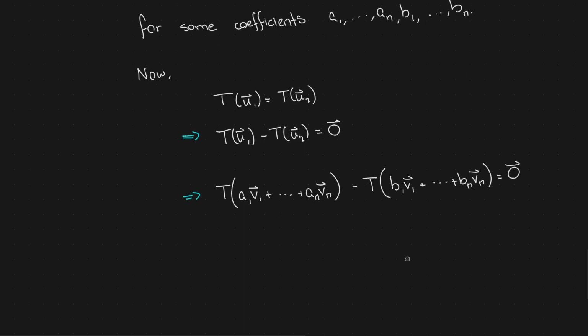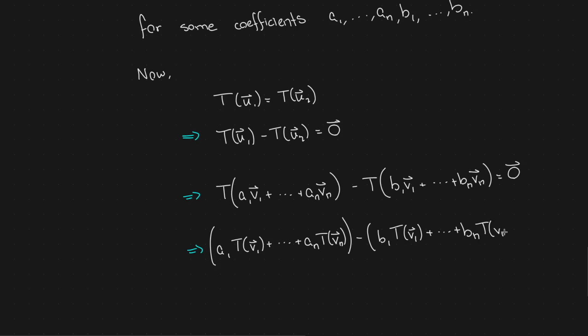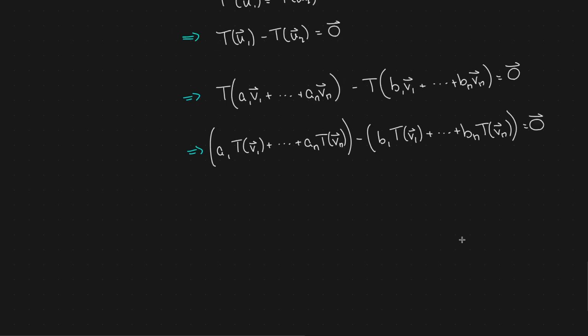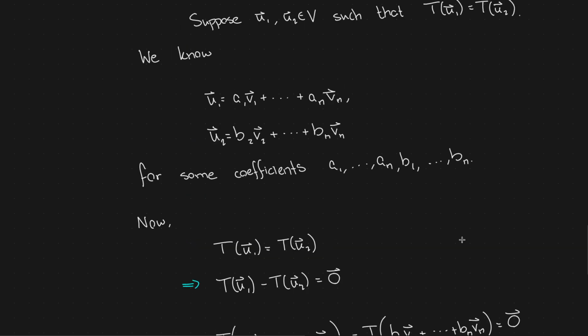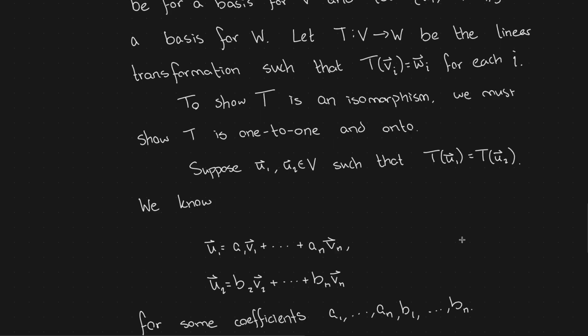All right. Now we use the linearity of T, and we're actually going to break this apart. So I'm going to get a1 transformation of v1 plus ... plus an transformation of vn, minus b1 transformation of v1 plus ... plus bn transformation of vn equals 0. Okay, but transformation of v1, transformation of v2, transformation of vn, remember we defined those.